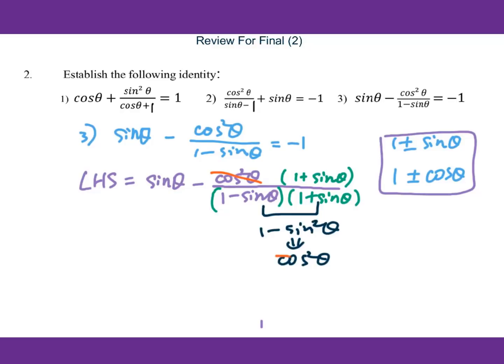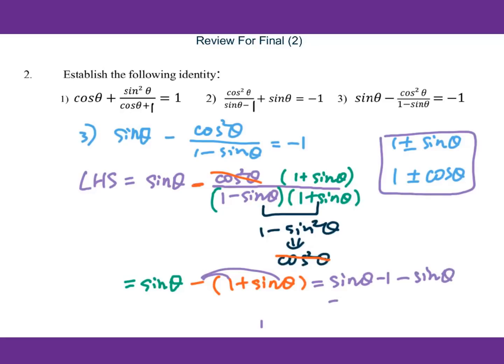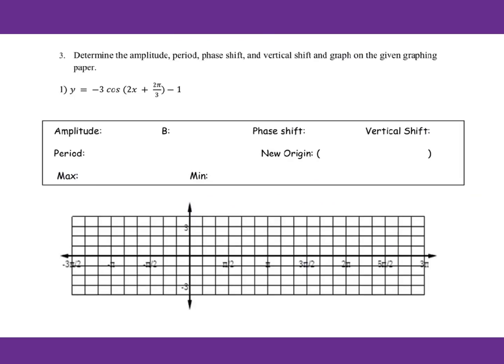So we reduce. We got sine theta, negative sine; here we have to put parentheses, 1 plus sine theta. So do the distributive property. You will get sine theta minus 1 minus sine theta, equal to negative 1. That equals right-hand side.